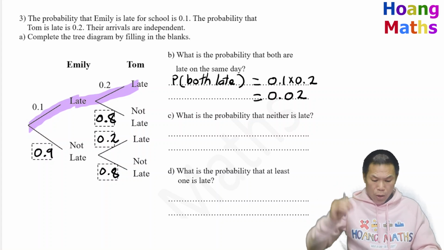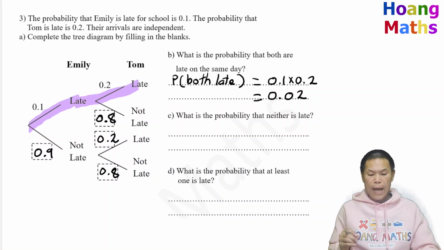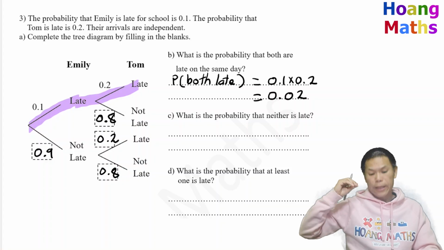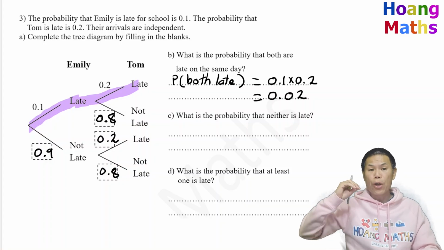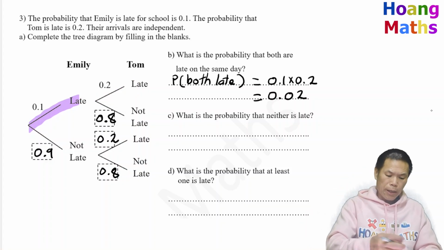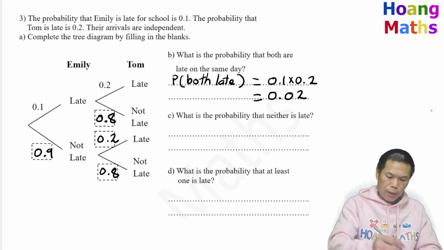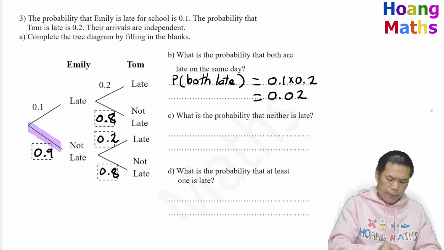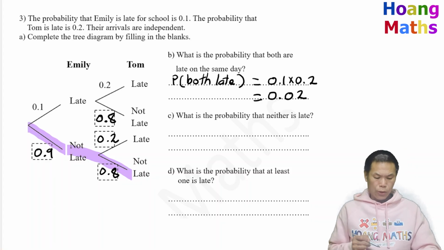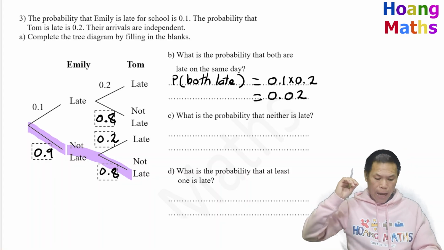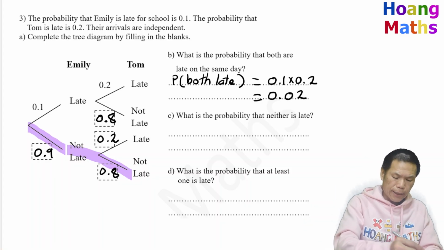Part C. What is the probability that neither is late? So both of them not late. So that means this one here: Emily not late and Tom is not late as well. So there you go. 0.9 times 0.8.